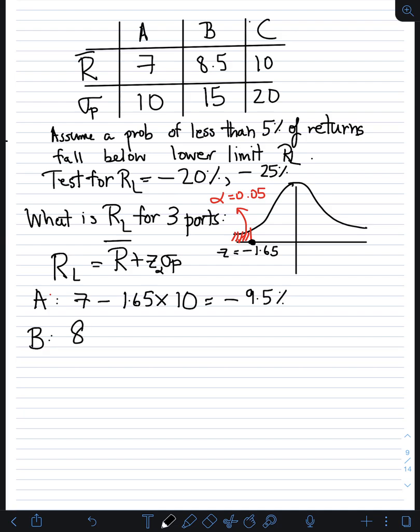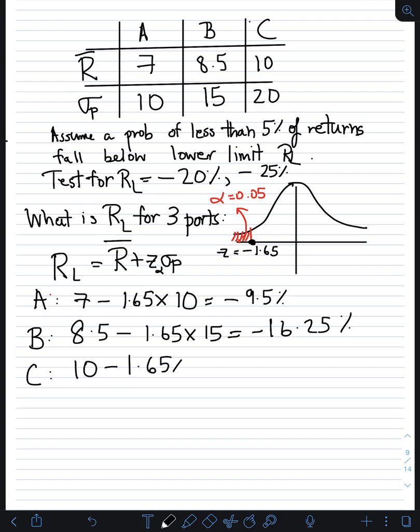We have 8.5 minus 1.65 times its standard deviation, which is 15. And that takes you out to minus 16.25%. Okay, and for portfolio C, we have 10 minus 1.65 times 20. And that turns out to be minus 23%.